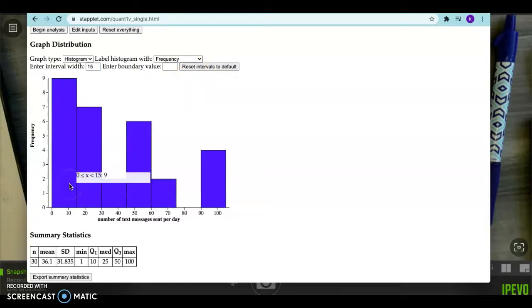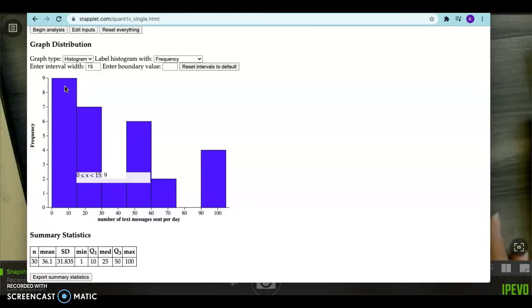Less than 15, from 0 to less than 15, there were 9. So 9 of the students, but it asks for a percent, so we need the total. There were 30 students. So 9 divided by 30 is 0.3, which is 30% of the students sent less than 15 messages yesterday.